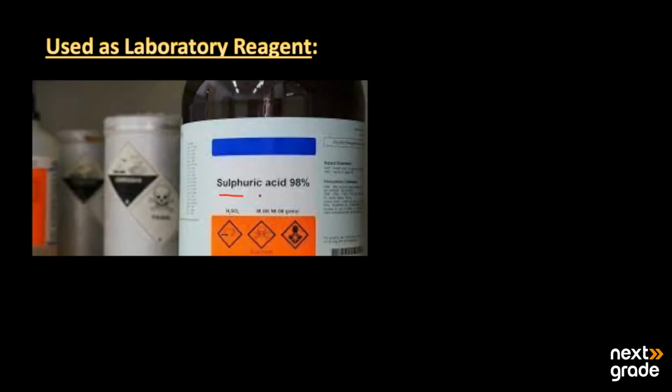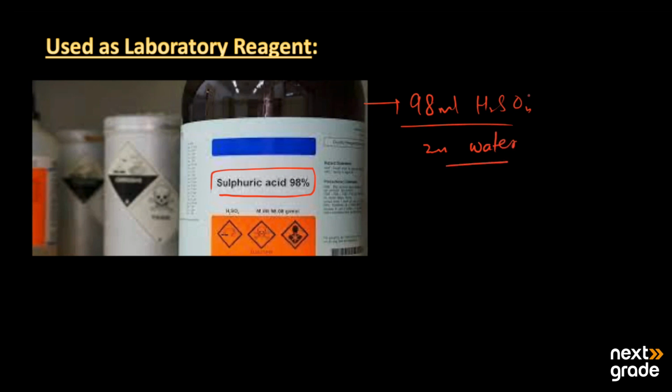As a laboratory reagent, it is 98%, which means 98 ml of H2SO4 with the remaining 2 ml being water. That acid is highly concentrated, and it is used as a laboratory reagent for different types of chemical reactions.